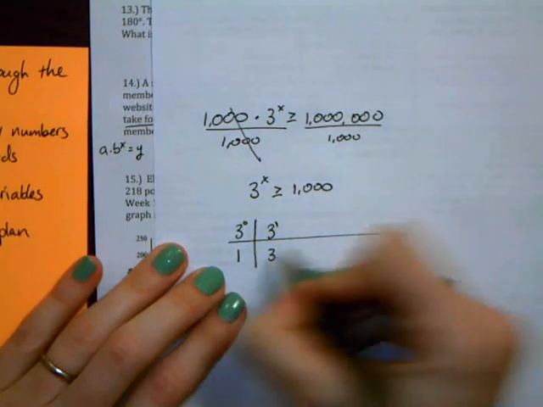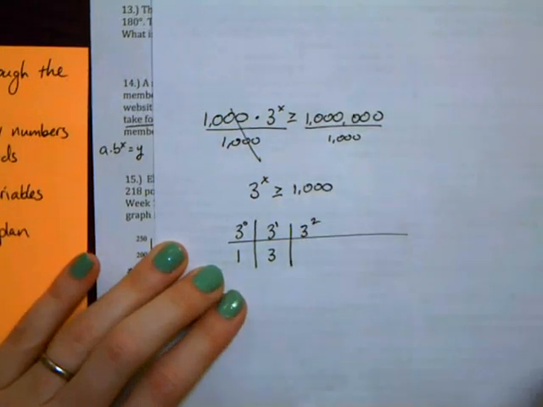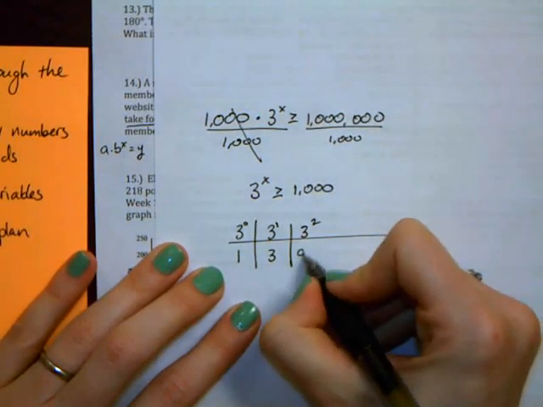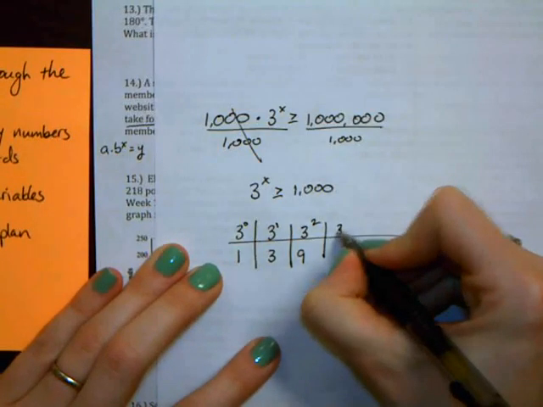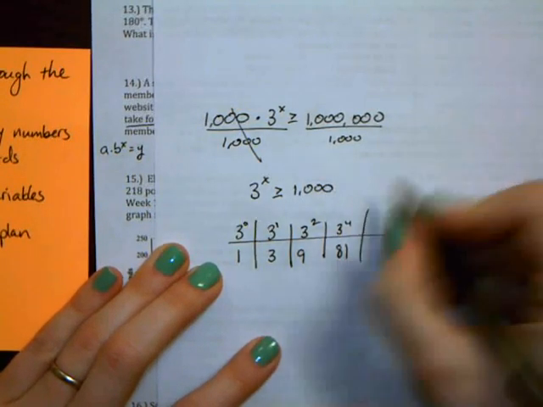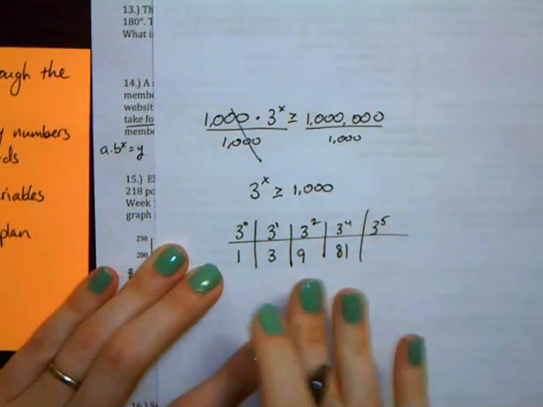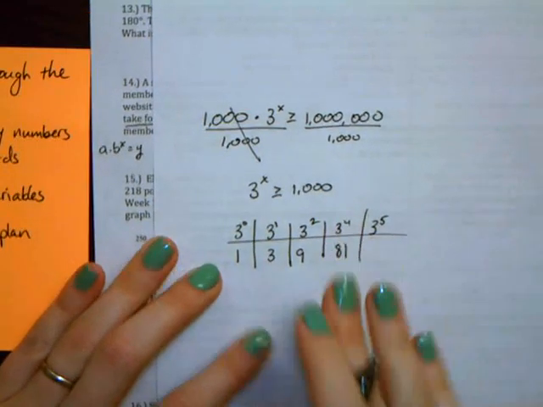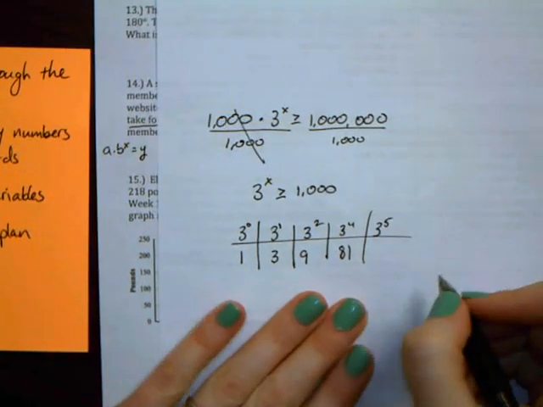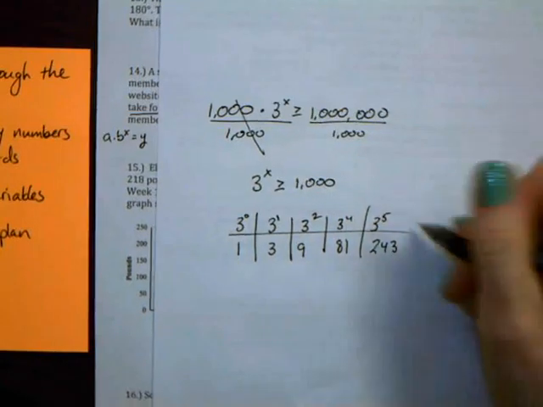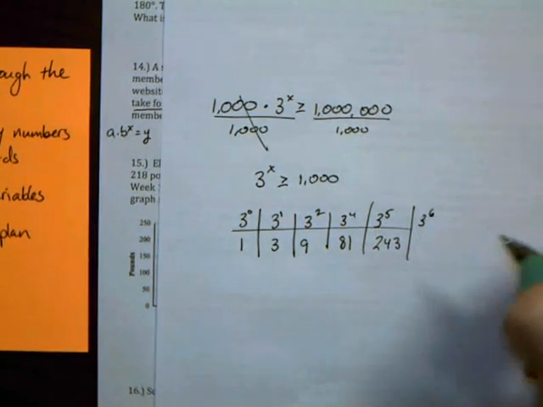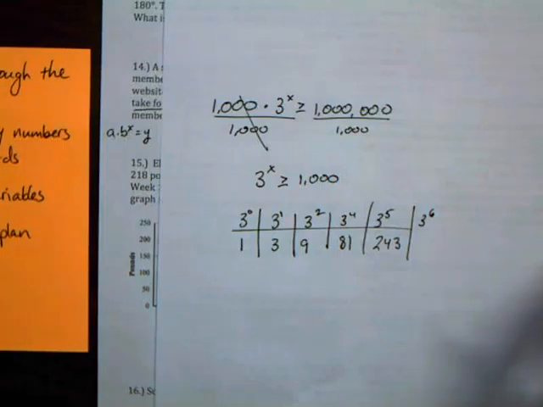3 to the first power would be 3, and I'm just going to keep working through that. 3 to the second power means 3 times 3 is 9. 3 to the fourth would be 81, and you can plug this in your calculator. And if you realize that it's not quite growing fast enough, you can always skip over, but be careful because we know that exponential functions grow very quickly.